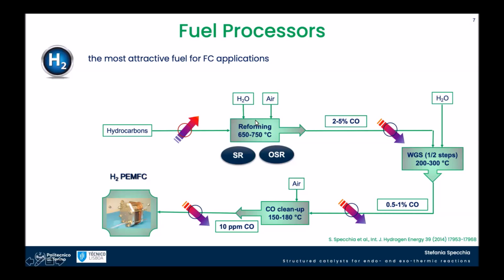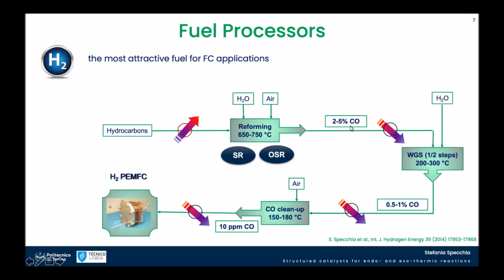We can apply several reforming reactions, so oxy-steam reforming, steam reforming, or partial oxidation. So we are transforming the hydrocarbons into a syngas, where we have a lot of hydrogen, but also a relatively high concentration of carbon monoxide.